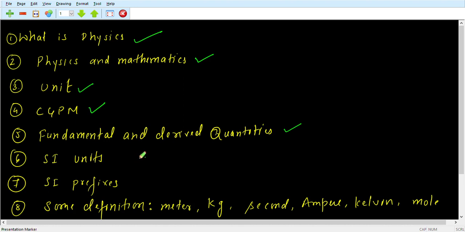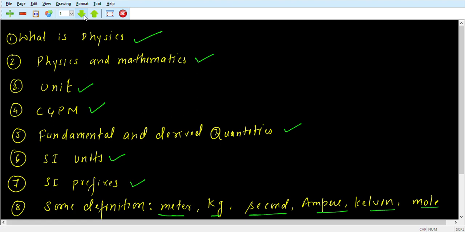Fundamental quantities are also called base quantities. We discussed SI units, SI prefixes, and some definitions like meter, kg, second, ampere, Kelvin, and mole.